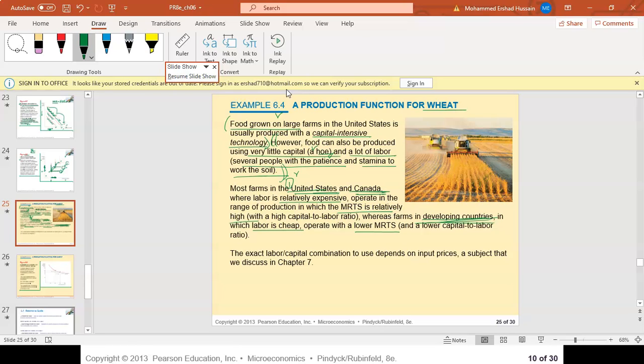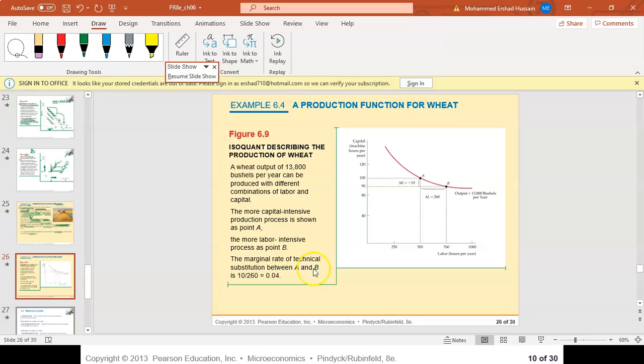And in developed countries, it is the opposite, right? The exact capital labor combination to use depends on input prices, a subject that is discussed in chapter 7 when we discuss cost.